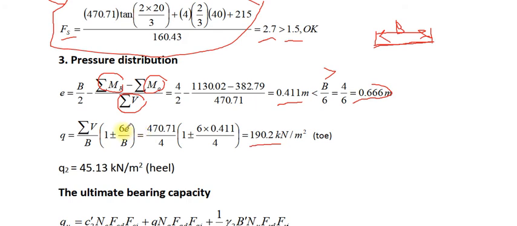If it is negative, it will be 45.13. The stress distribution here is 190 kilonewton per meter square, and here 45.